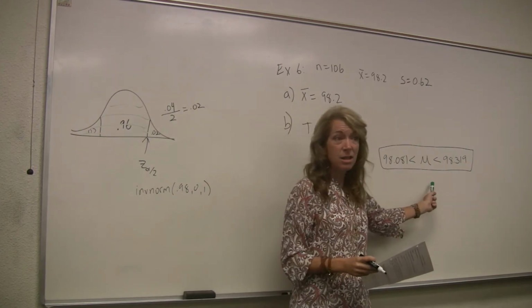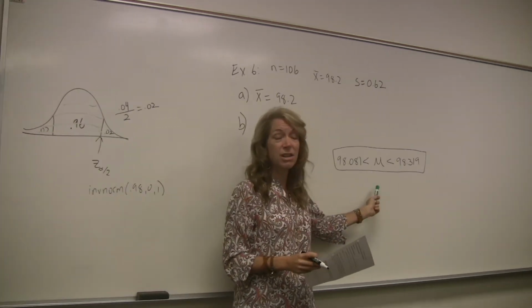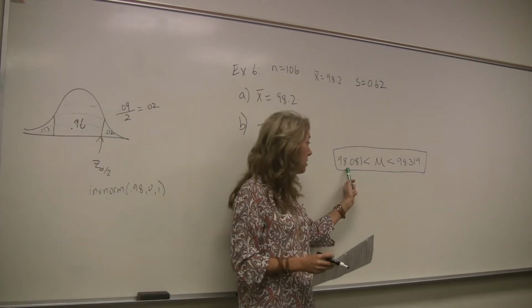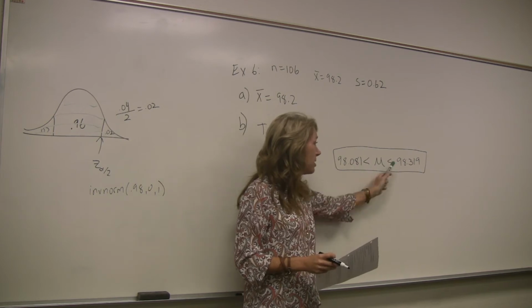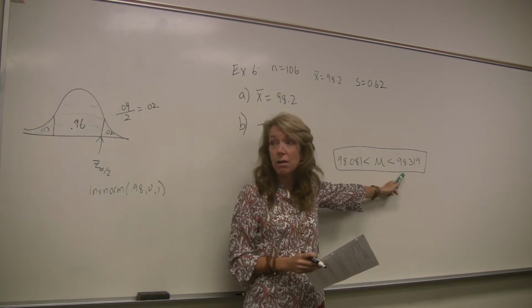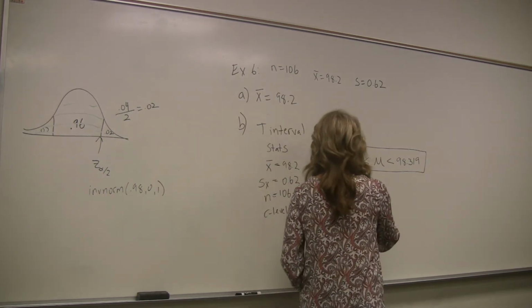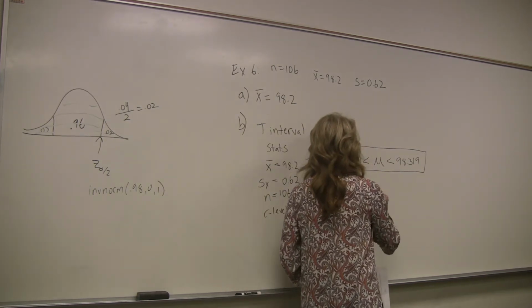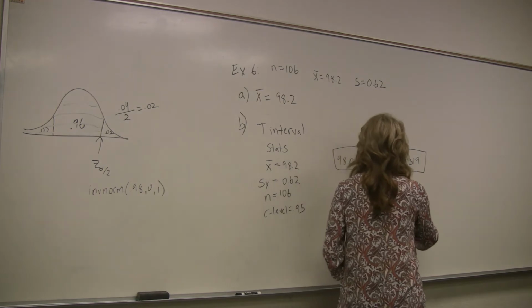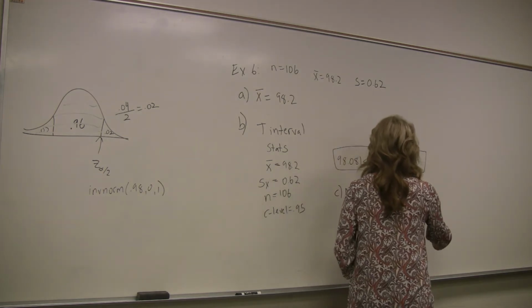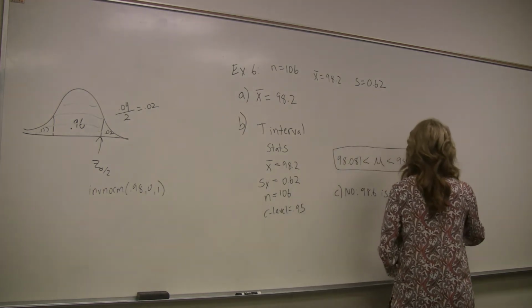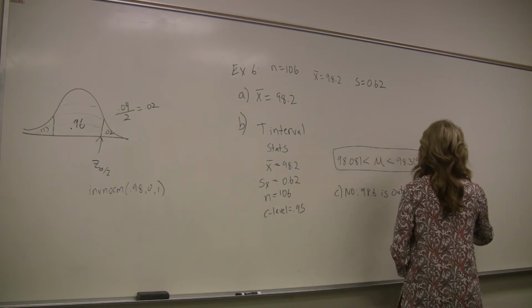According to this, that's actually a little too high, because the mean temperature is somewhere between 98.0 and 98.3. So for part C, no, 98.6 is outside our interval. Seems to be a little high.